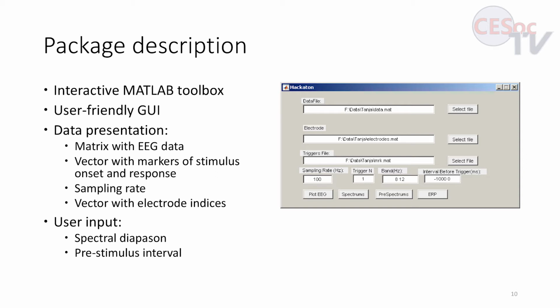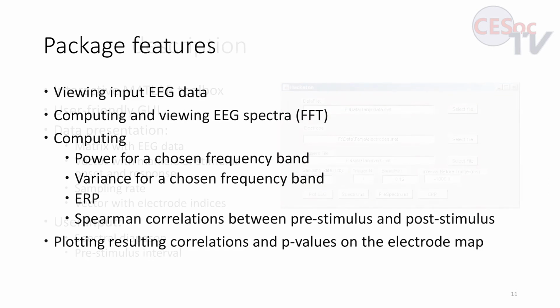So the user can input a variety of data, and it allows a user to view EEG data, to compute and view spectra, and also compute power for chosen frequency band, a variance within this frequency band, also to compute ERP, and eventually to sum it up with Spearman correlation between pre-stimulus and post-stimulus data.